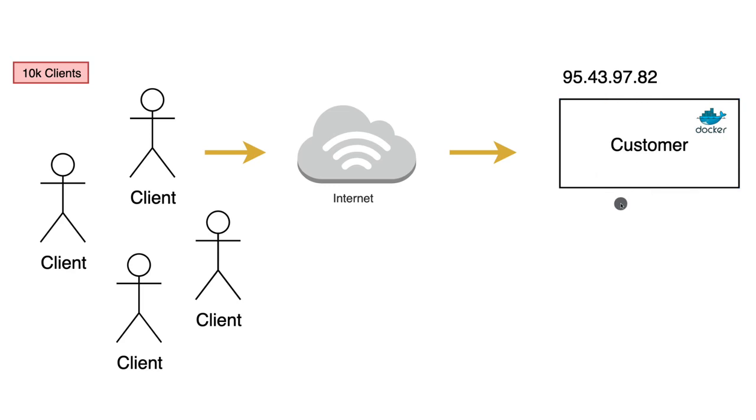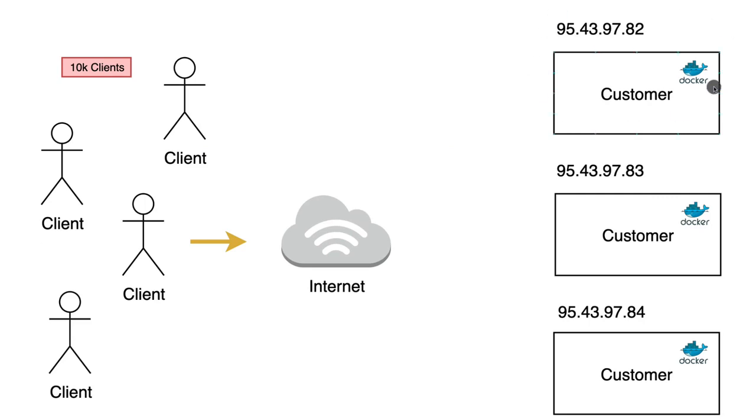This might solve the problem temporarily, but it still doesn't scale. If you go from 10,000 clients to 100,000 clients, then you have to do something else. Usually what you do is you have multiple replicas of your application, in this case, customer.